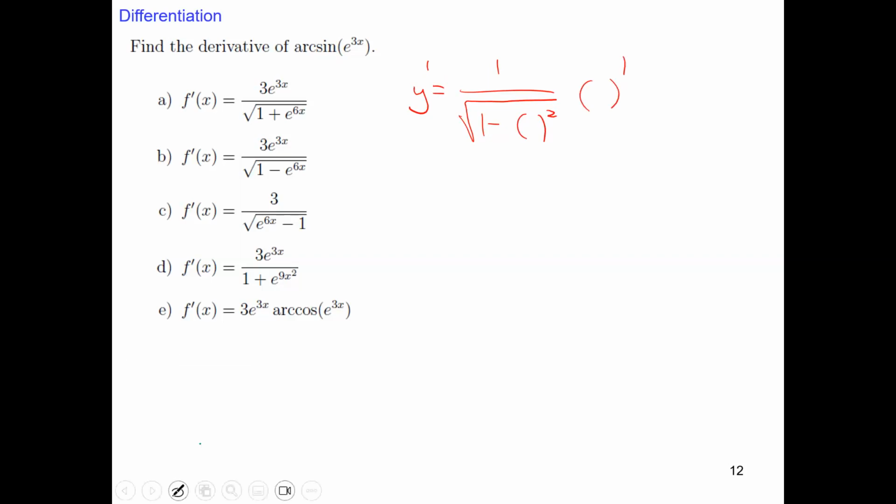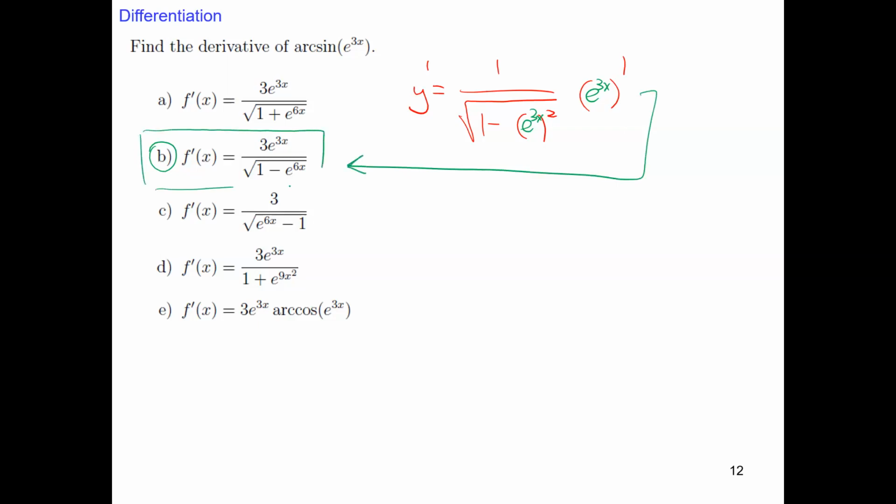And this quantity is e to the 3x. That means we will need 1 minus e to the 6x, and the derivative of e to the 3x is 3 e to the 3x. That means this is the correct answer. Okay, excellent.